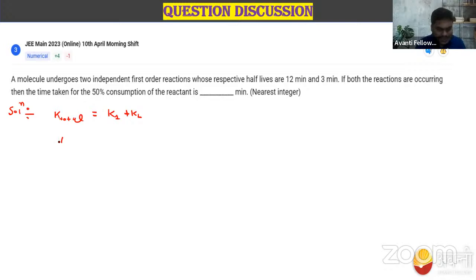We can also write it as 1 upon T total is equal to 1 upon T1 plus 1 upon T2. ठीक है.